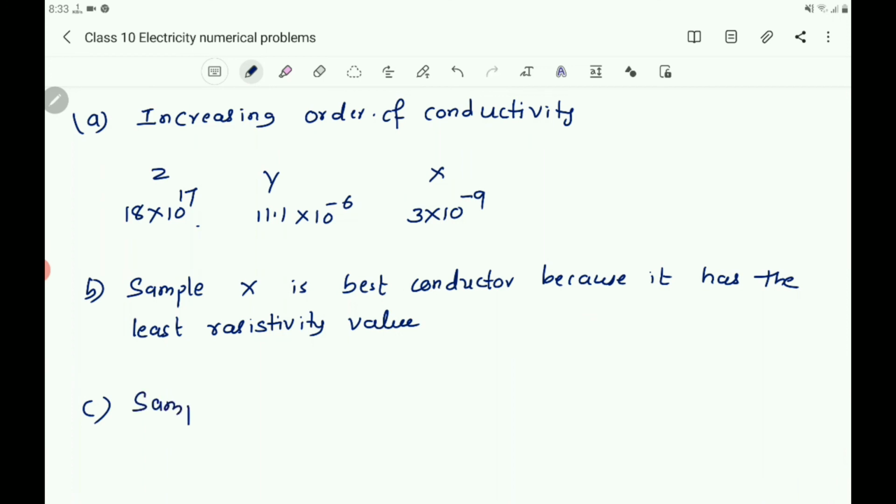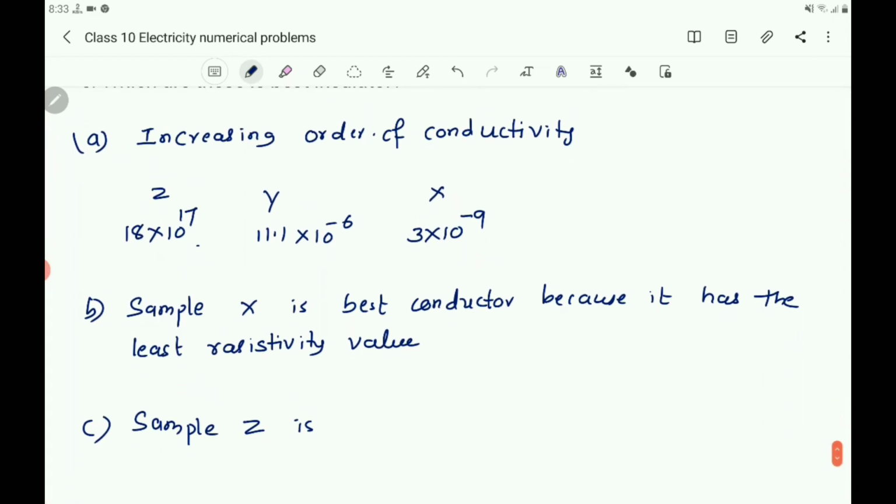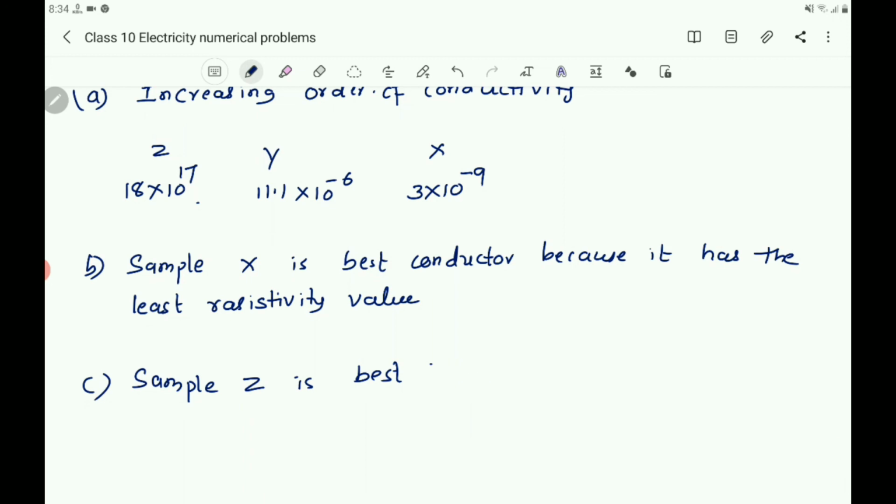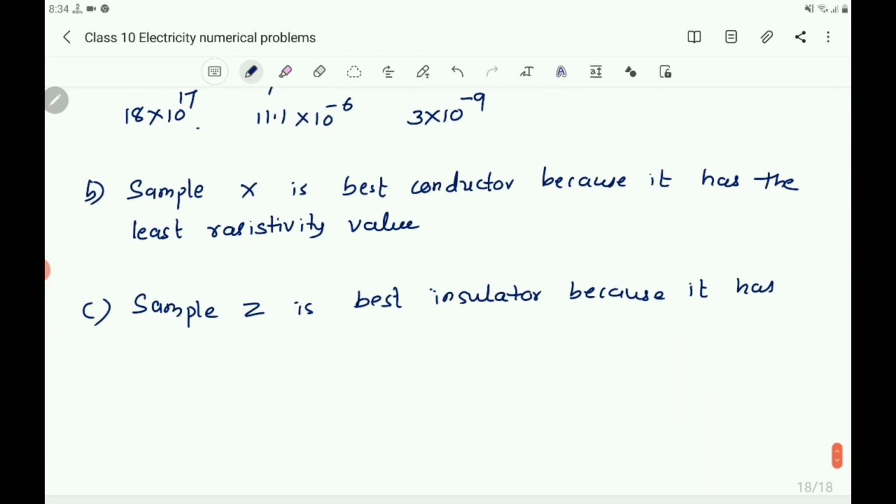So write: sample Z is the best insulator, because it has maximum resistivity.